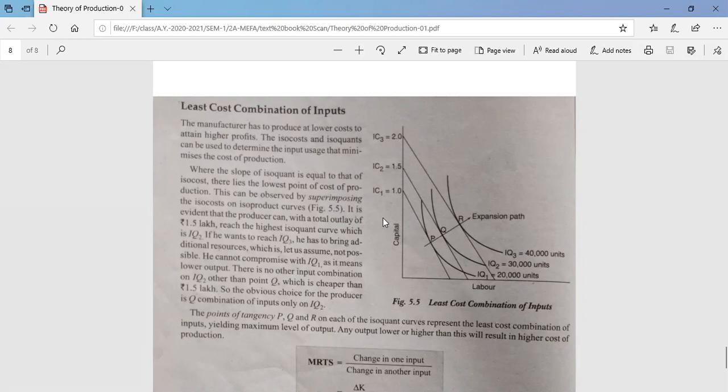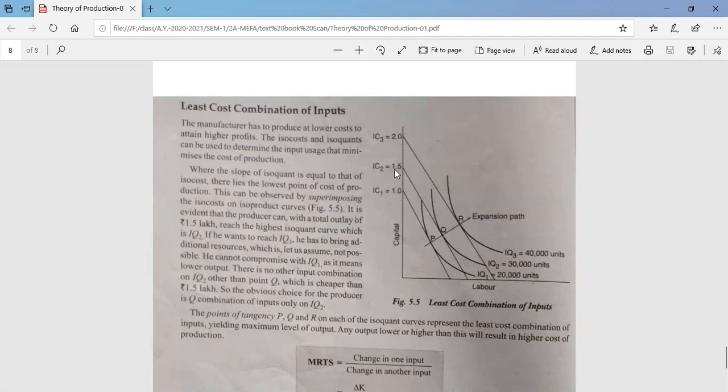Now in this least cost combination of inputs, I will merge both the concepts. First I will draw the curves regarding the ISO quants. After that I will draw the curve regarding ISO costs. Here IC1 is 1 lakh rupees to produce 20,000 units.